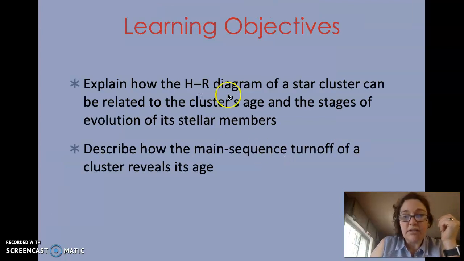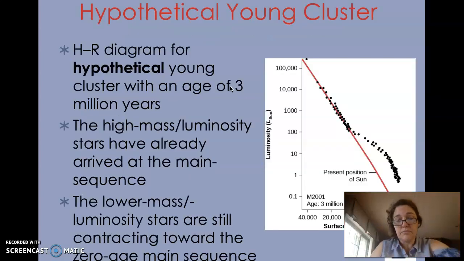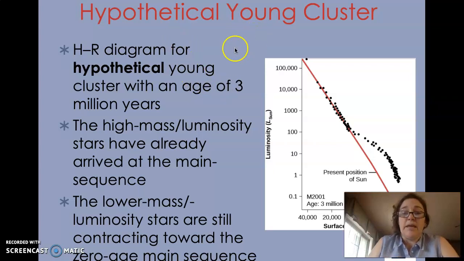So how does the HR diagram of a star cluster help us figure out the age? It comes down to this: if we take a hypothetical young cluster with an age of 3 million years, the stars should be all along this cluster.